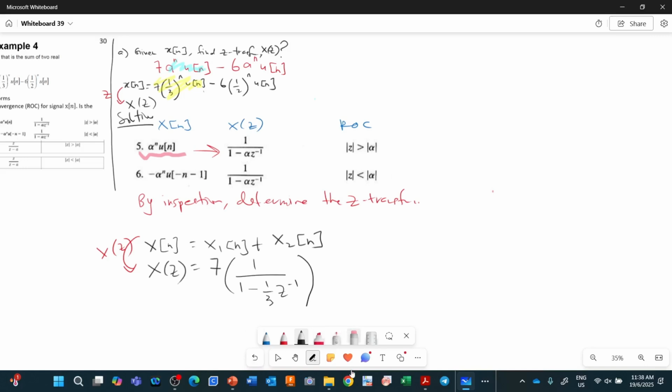Basically this is wrong, because this is minus, right? So this one is x1 minus x2. So next you have the second equation, which is minus 6 in brackets, what is the a value? 1/2, so 1 over 1 minus 1/2 z^-1.